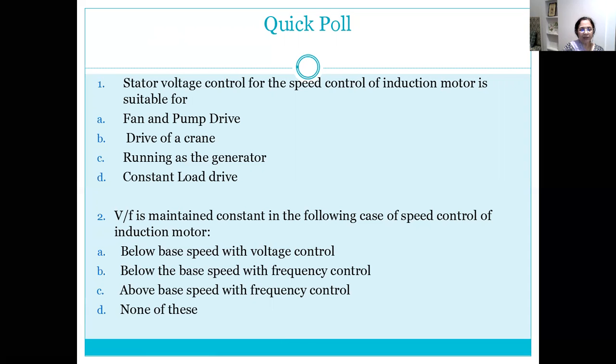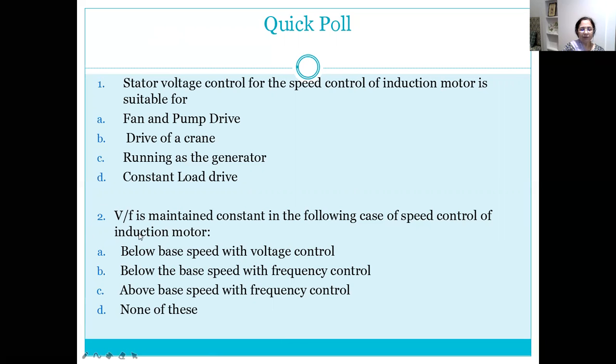Since up to rated speed the flux is maintained constant, we can maintain the torque constant and it can be operated in constant torque mode. But above rated speed, the torque needs to be sacrificed for constant power operation, and so that range is controlled by the torque requirement of the load.